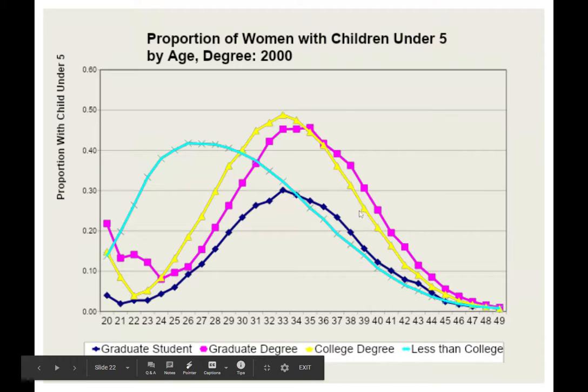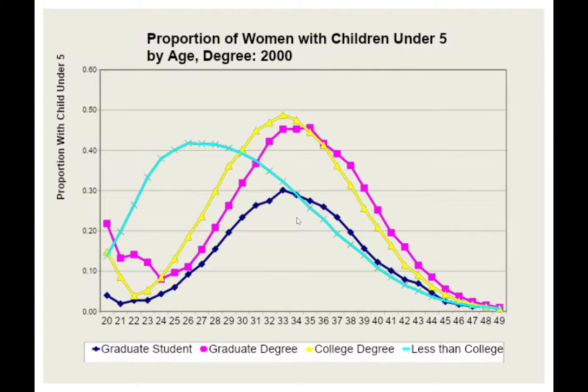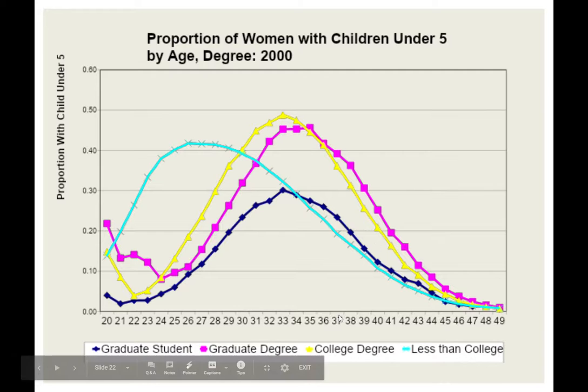So what does this mean? If I want to know the proportion of women with children under the age of 5 by their age and by their degree, their highest education, which is an ordinal variable, then over here I'm going to have women's age at the bottom. And on the left-hand side, on our y-axis, we have the proportion with a child under the age of 5.